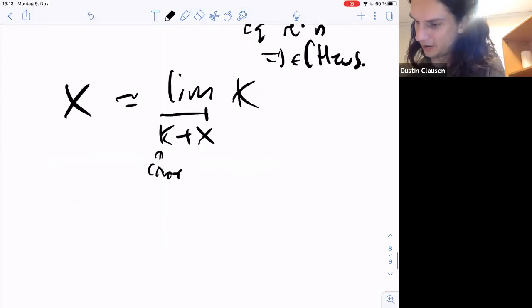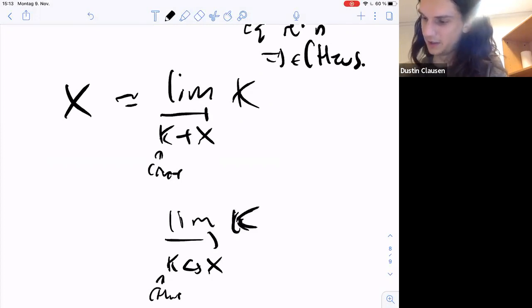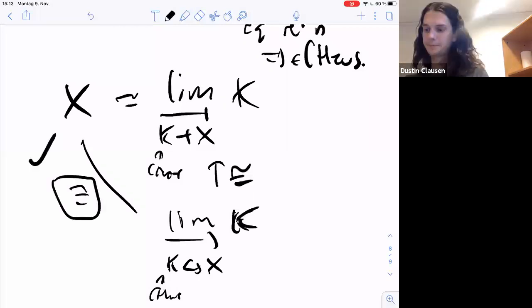And then we have the subdiagram with compact Hausdorff spaces mapping injectively to X. What we just showed was that this diagram is cofinal in this diagram, which means that the inclusion map is actually an isomorphism. And then X is this, and it's the same thing as that. So we get what we wanted.